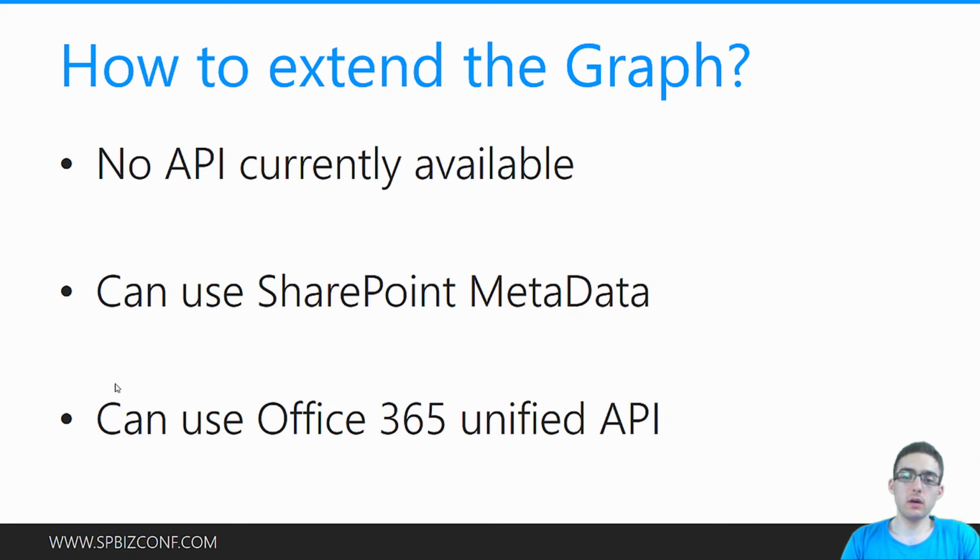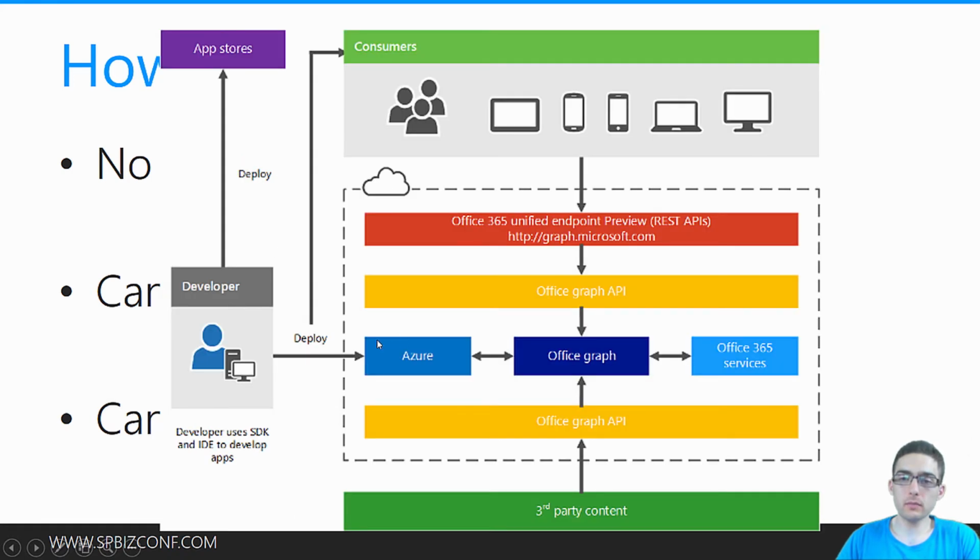You can also use the Office 365 Unified API if you want to add new objects. So if programmatically you want to add new documents, new conversations, new things like that to the graph, you can use the Unified API, so that will help you to add new nodes to the graph. But currently, that's the only things you can do with the current state of the APIs.